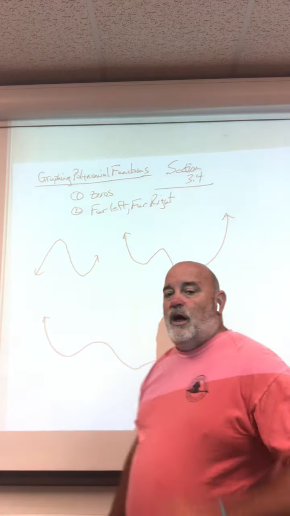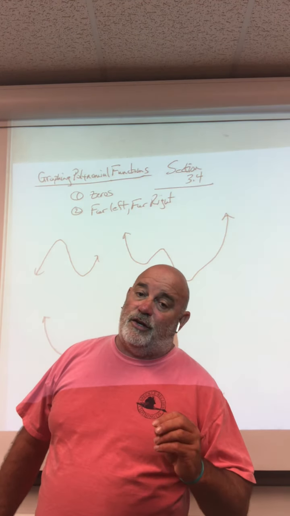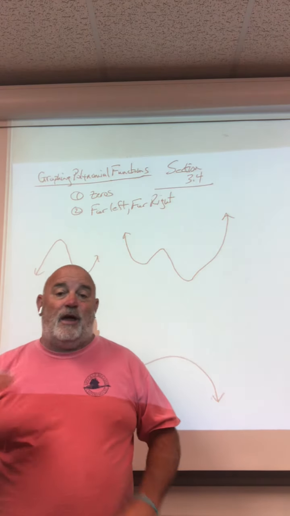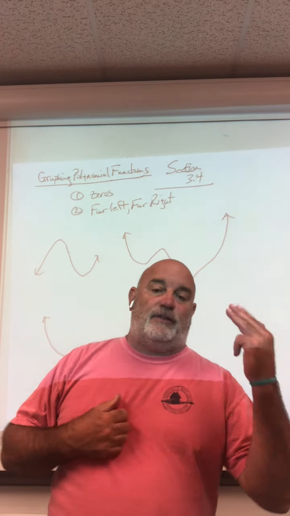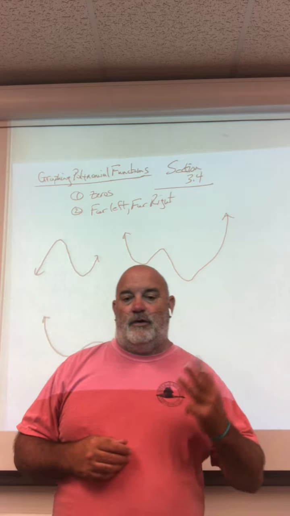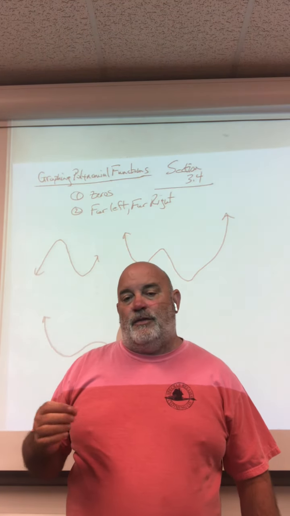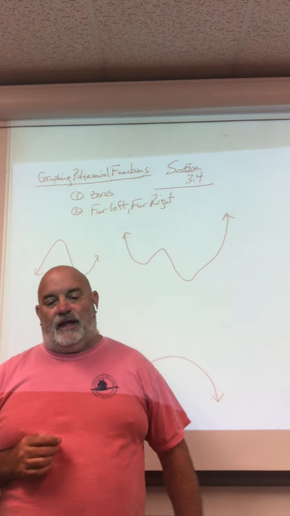In other words, the bigger the degree, and remember, the degree was the biggest power on x, like if you had an x to the third, that's a third degree polynomial. Or if you had three linear factors, x, x, and x, that's x to the third. The bigger the degree, sometimes the more complicated that graph can get.